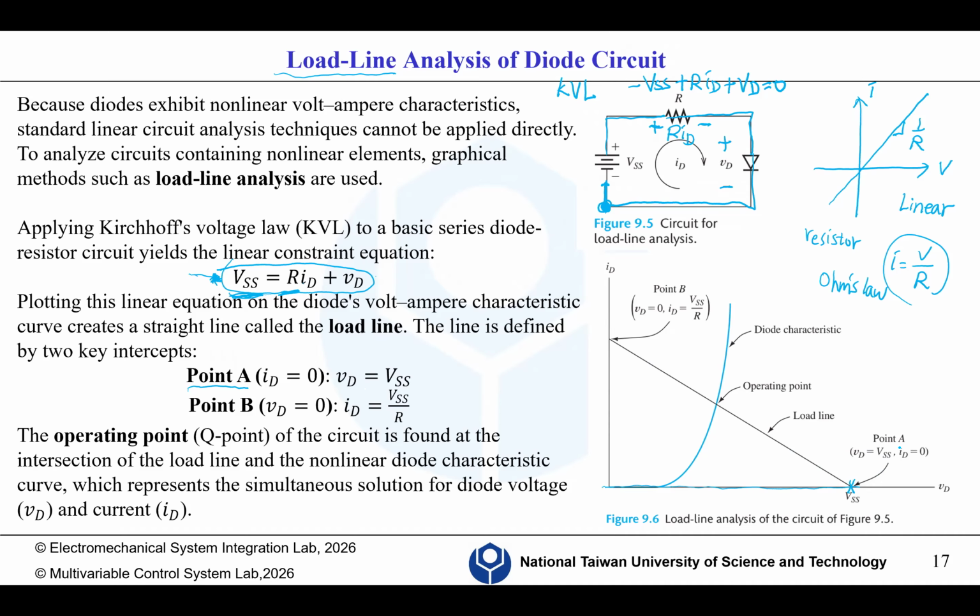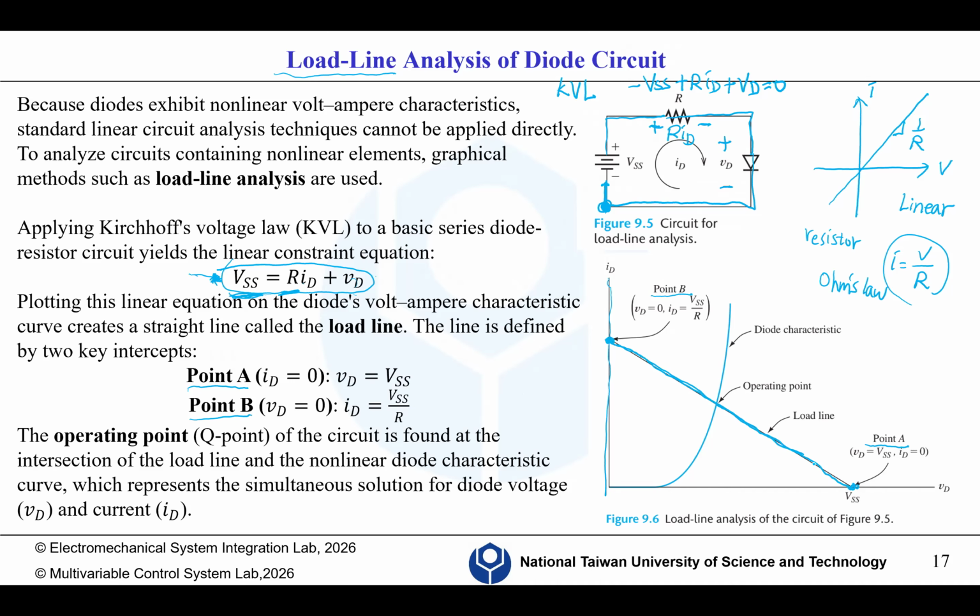This is point A. Then we identify another point by making VD zero. When VD is zero, you have ID equals VSS divided by R. This is point B. With these two points identified, we can draw the load line.